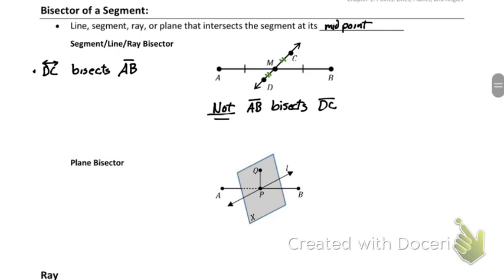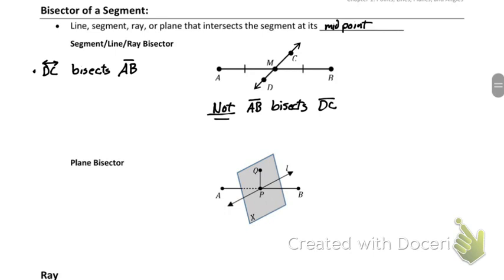So I always see what the midpoint is of and what line is actually bisecting it. A lot of times when I'm doing true falses like that, I'll come up with the right answer first and see if it matches. So I'll look at that picture and go, oh, AB bisects DC, then I'll go to the true false question and see what they're asking and see if it matches up. Because sometimes true false tricks us because we're just reading it as, oh, yeah, bisects, those words are right. Get it right first and then look at your true false question.